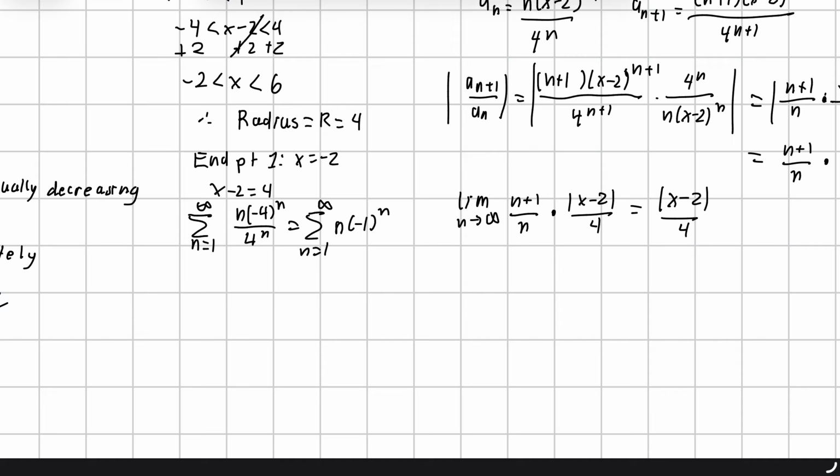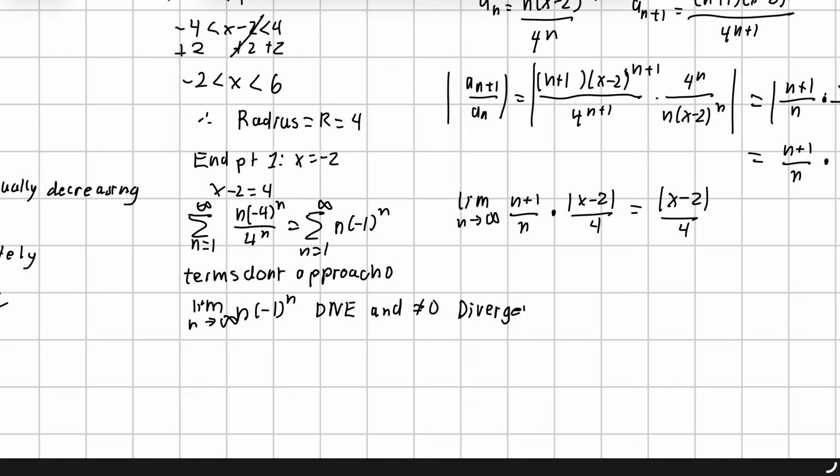The terms don't approach 0. The limit as n approaches infinity of negative 1 to the power of n does not exist and does not equal 0. So it diverges at that endpoint.